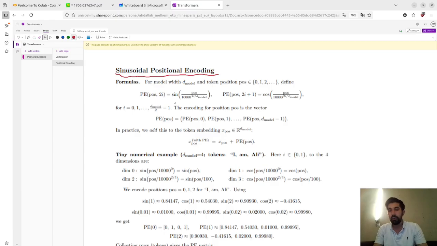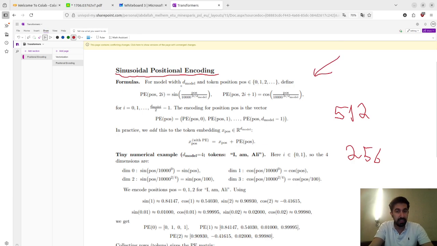We have 512 indices in the original paper, right? Divided by 2, you get 256. So you will have 256 sine values and 256 cosine values. Now, in the example I put over here, I didn't take d model equal to 512. I just took d model equal to 4. Because d model is equal to 4 in my example, every word is represented by a vector of size 4, so we would get 2 indices, 0 and 1, okay?